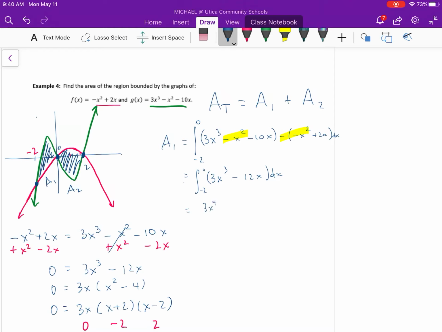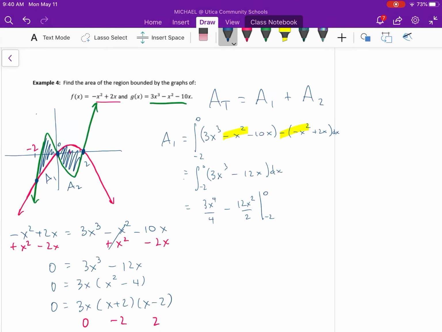Alright, so when I take the integral, I get 3x to the 4th over 4 minus 12x squared over 2 from negative 2 to 0. When I plug in a 0, I get 0 minus, let's see what happens when I plug in a negative 2.